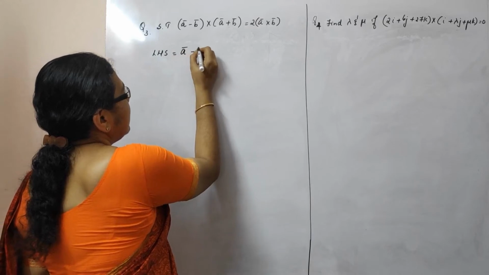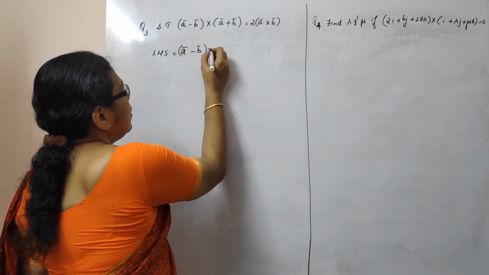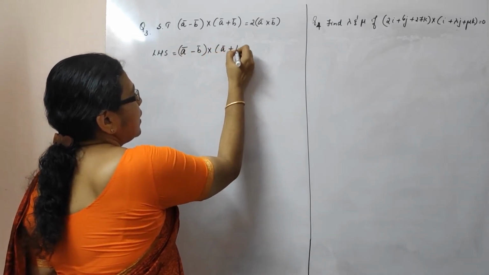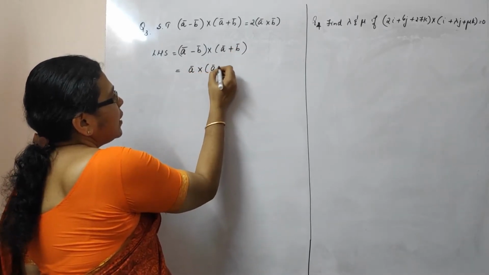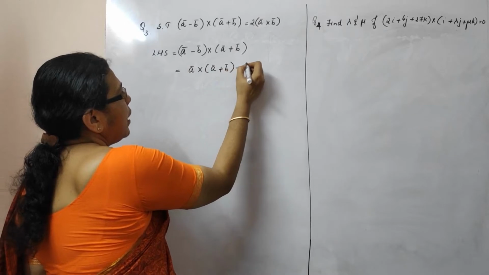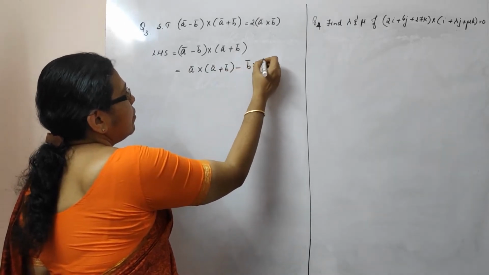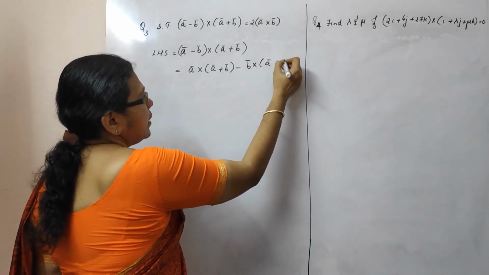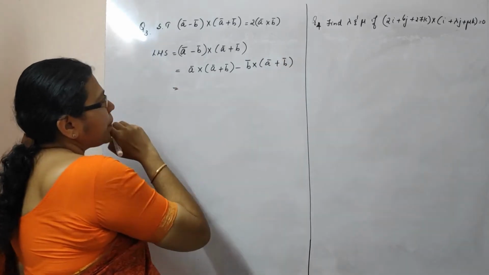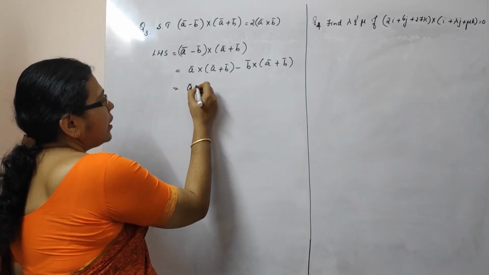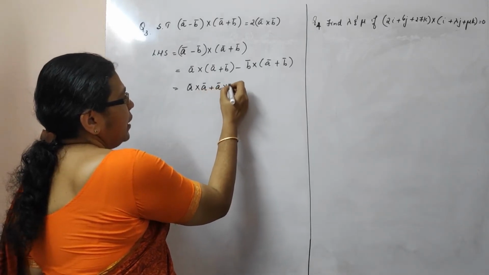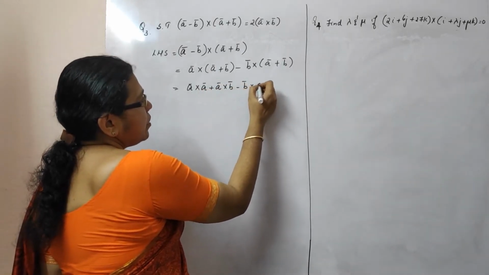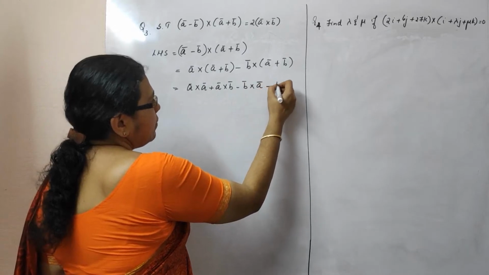LHS is equal to vector A minus vector B cross vector A plus vector B. So this is equal to vector A cross vector A plus vector B minus vector B cross vector A plus vector B. Now removing, taking the cross inside.